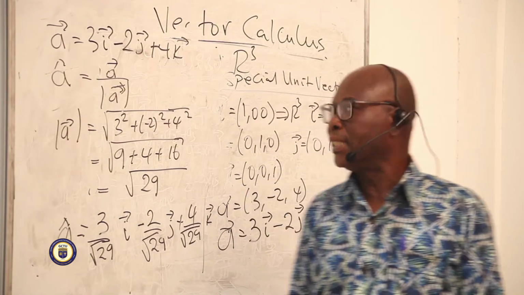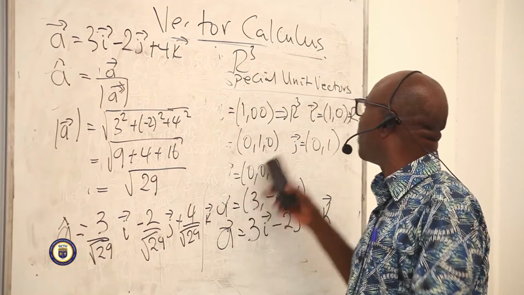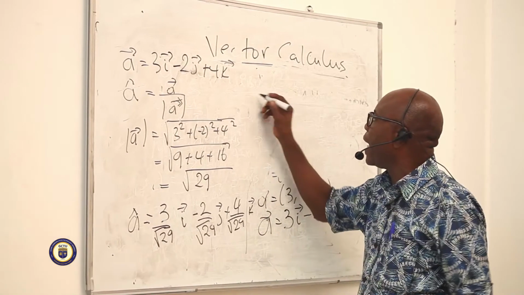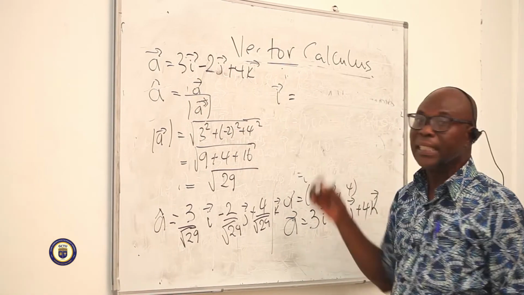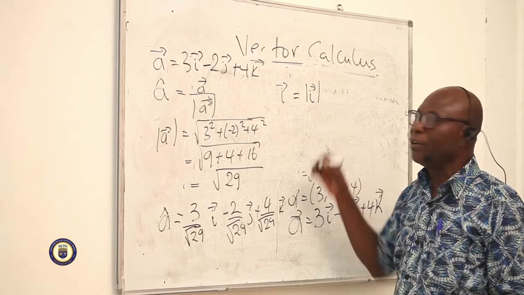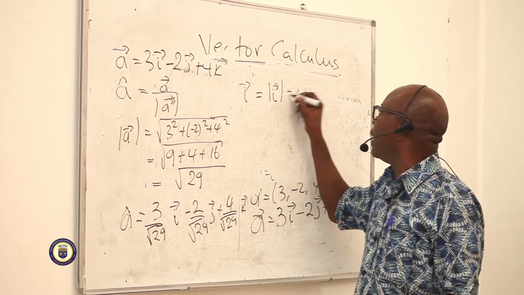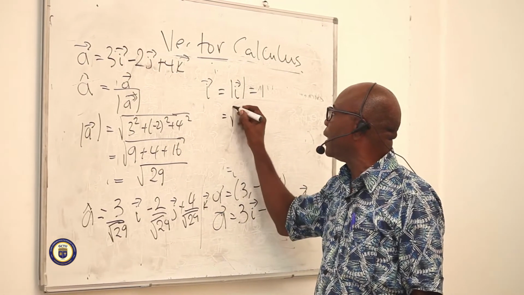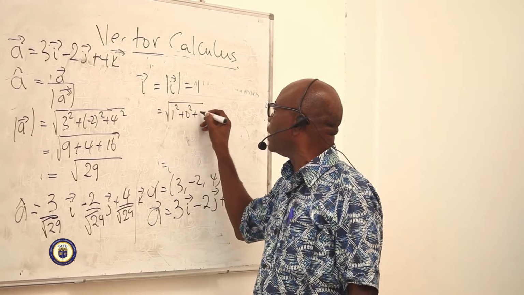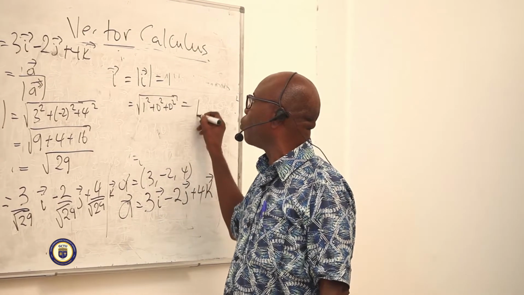And since we have the special unit vectors i, j, and k, we can see that the magnitude of i, like the magnitude of any unit vector, is 1. If you take it in 3 dimensions, you have 1 squared plus 0 squared plus 0 squared, and that will give us 1.